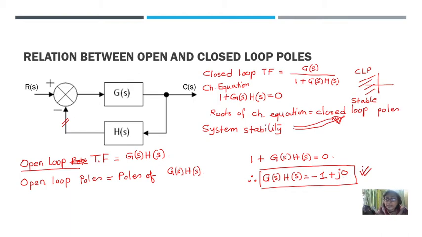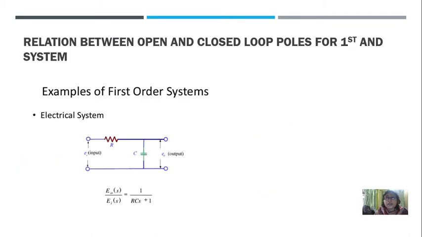Now let me discuss, as the name indicates, we are doing the preliminaries for the root locus technique, and what is the relation between these open and closed loop poles with the root locus. Let us discuss that. Now if I take the term root locus, what does it mean?